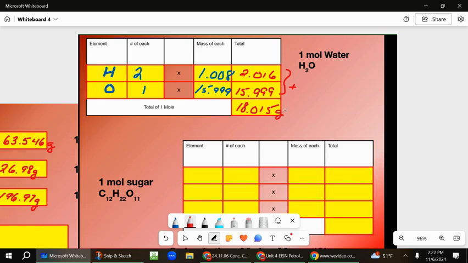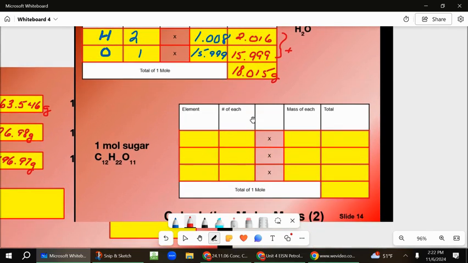So now, ladies and gentlemen, what we are going to do is in this table down here, we are going to list the elements. So they are carbon, they are hydrogen, and they are oxygen. And then next to it, we will list how many of each. How many carbons are in this formula right here, Virginia? How many carbons?